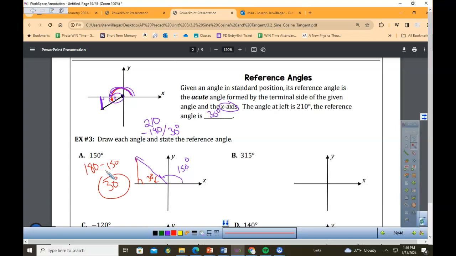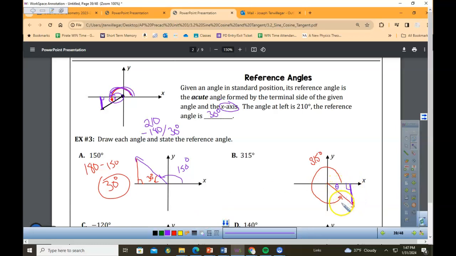All right, let's do B. On letter B, 315. I'm going to go, whee! That's 270. That's about 315. Now I'm going to make a triangle with my x-axis, and I need to find this angle right here.